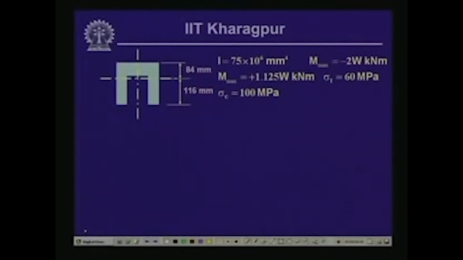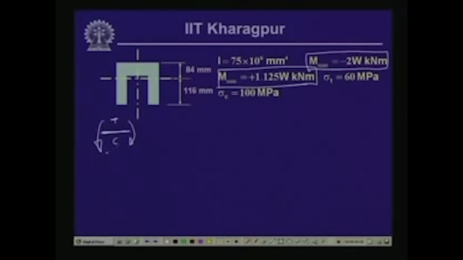So, we have obtained that the maximum positive bending moment is 1.125 W kilonewton meter and the maximum negative moment is 2 W kilonewton meter. Now, as you have noted earlier, the negative bending moment sign is like this, and this causes tension at the top and compression at the bottom.